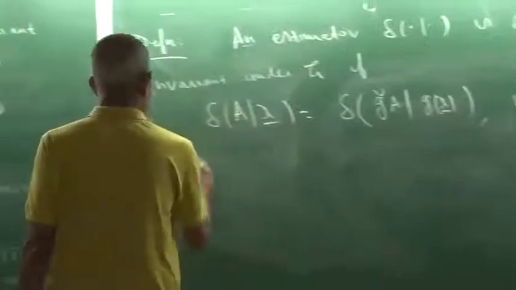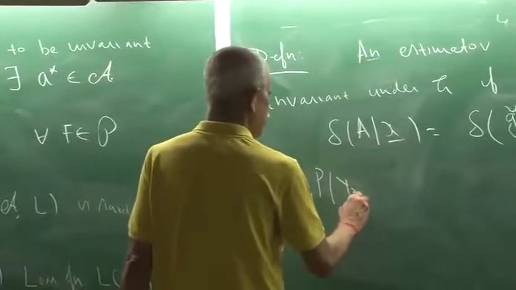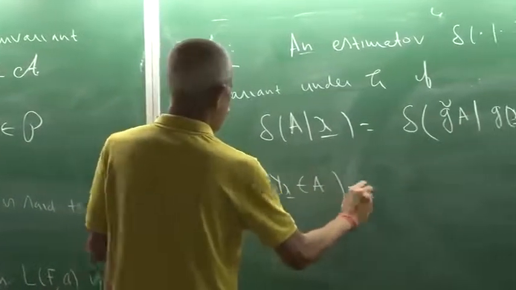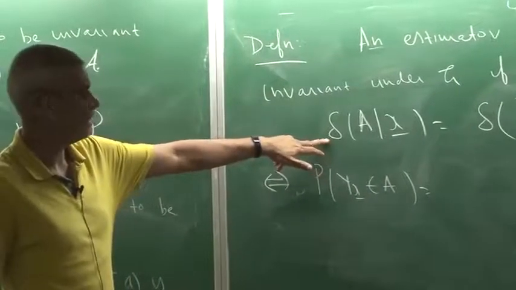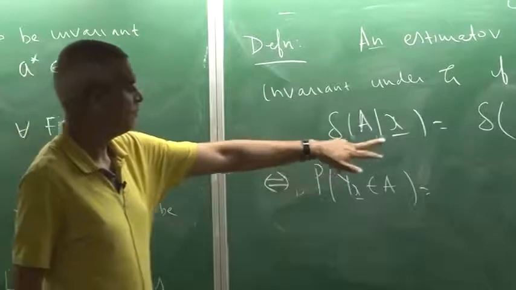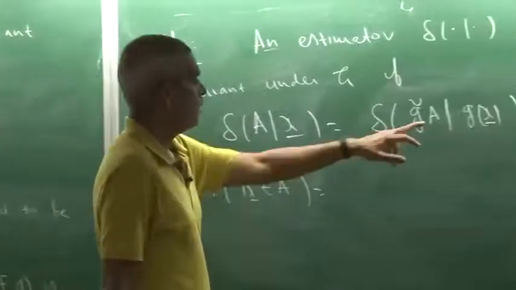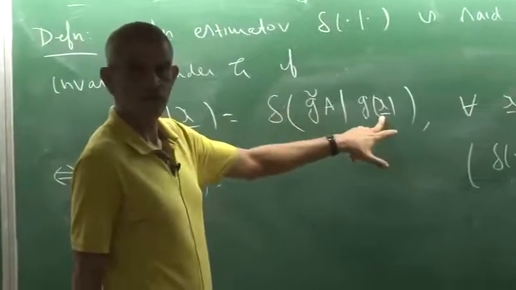So this is the same as saying that the probability that Y(x) belongs to A, because Y(x) is the random variable corresponding to this probability measure delta. Same delta, now gx is given.